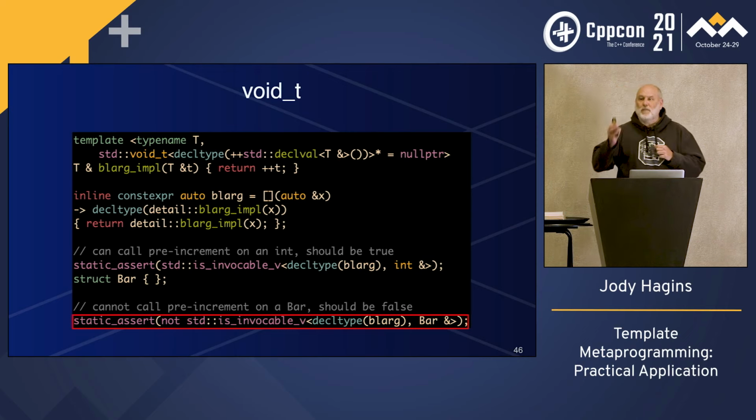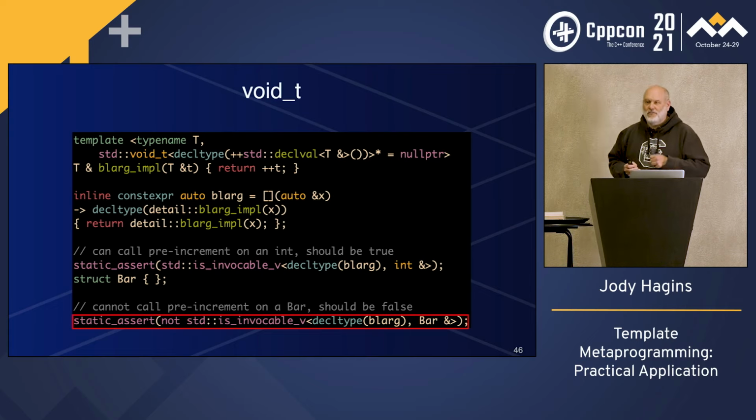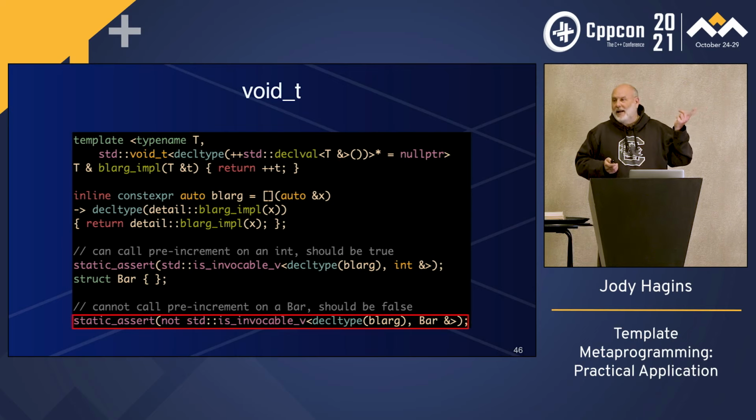All the Clang versions before 10.0, this static assert fails. But all the versions of Clang after 10.0, this static assert succeeds. By the way, the other failures that I talked about, those fail on every version of GCC and Clang that I tried. I don't know about the Microsoft compiler because I've never used it and I didn't really try it.